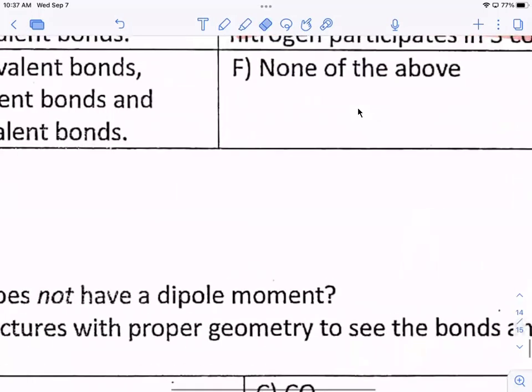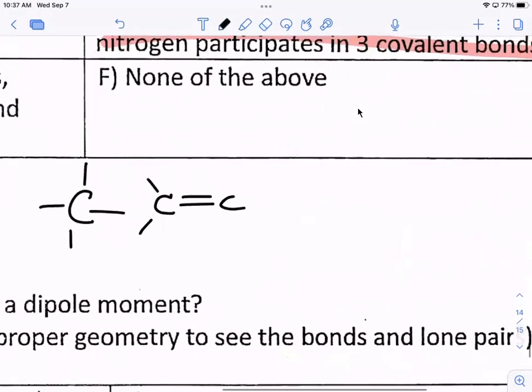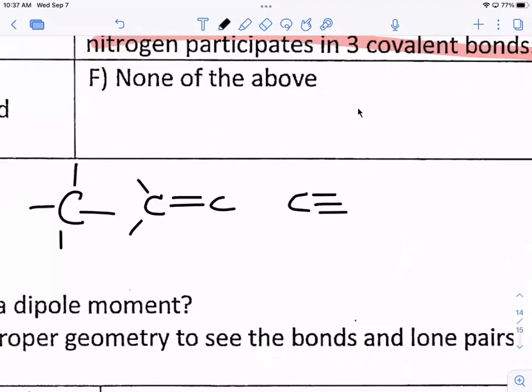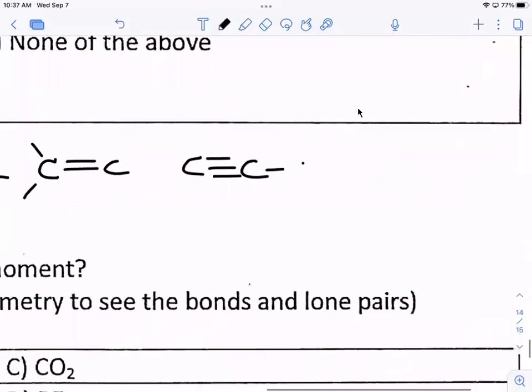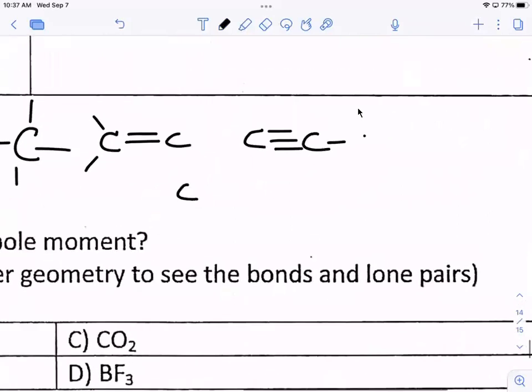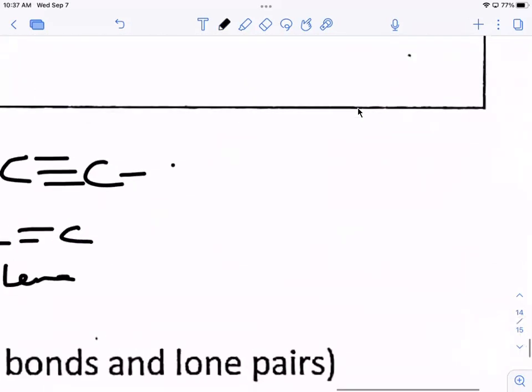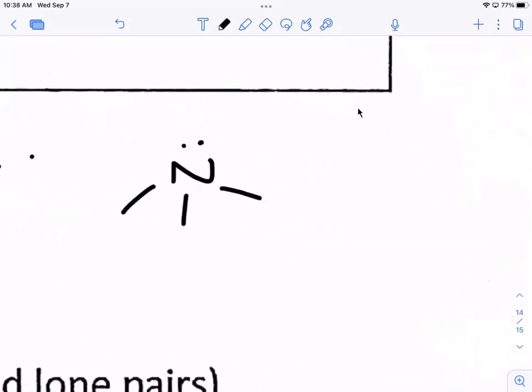So in organic, when you see carbon, it can be 4 single bonds. We already talked about this. It can be a double bond and 2 single bonds, or a triple bond and a single bond, like that, right? Or in some special cases, it can have 2 double bonds too, in the case of something like an allene. And then nitrogen is here.